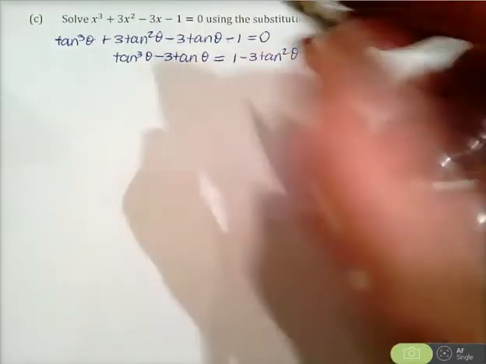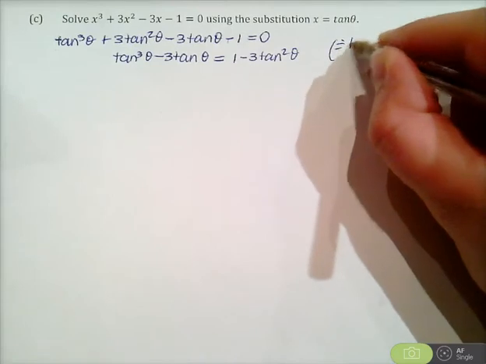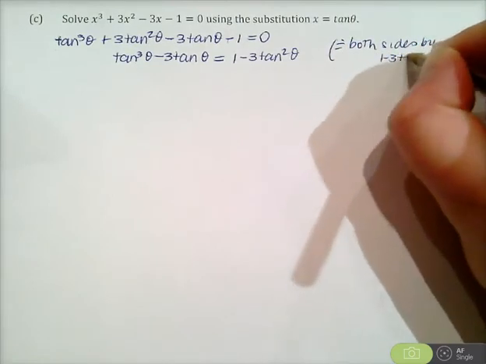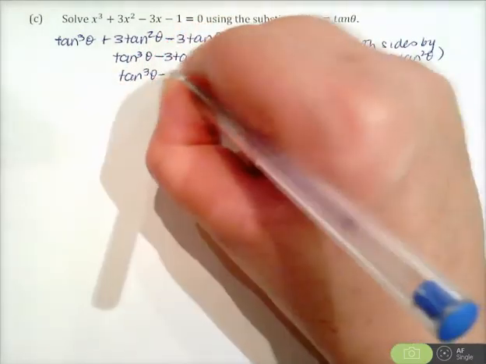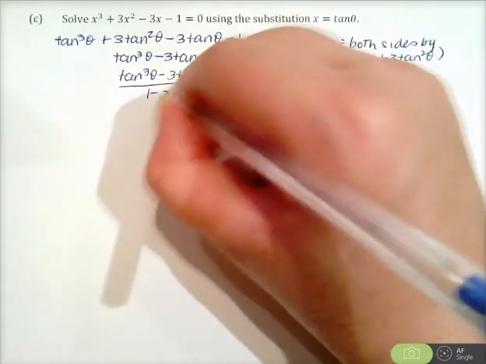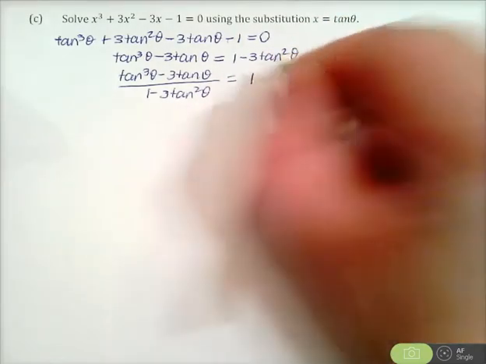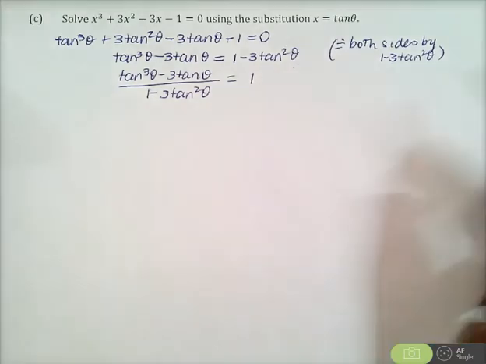Now dividing both sides by 1 minus 3 tan squared theta, we get tan cubed theta minus 3 tan theta over 1 minus 3 tan squared theta. Now that over itself is 1. So we're dividing by 1 minus 3 tan squared theta.